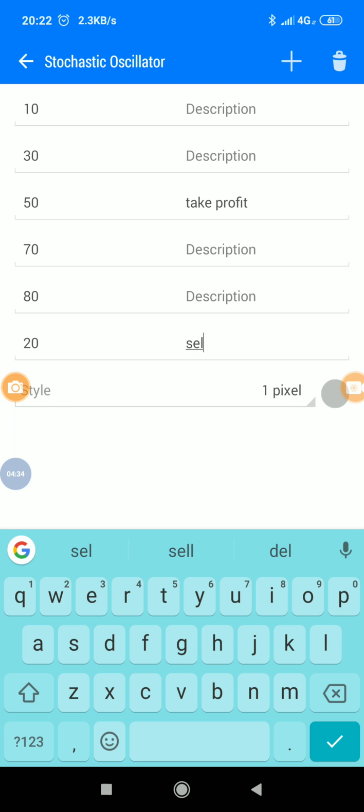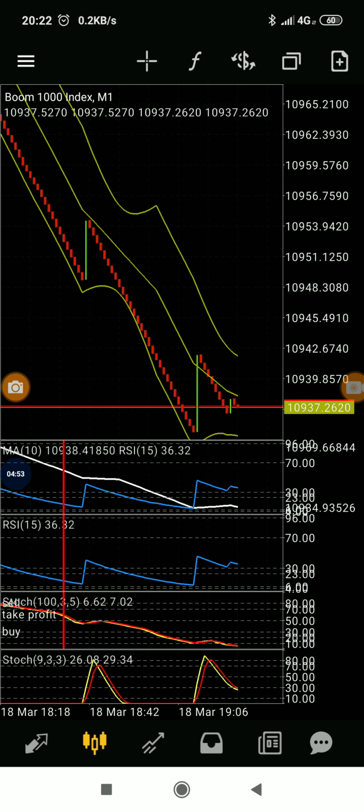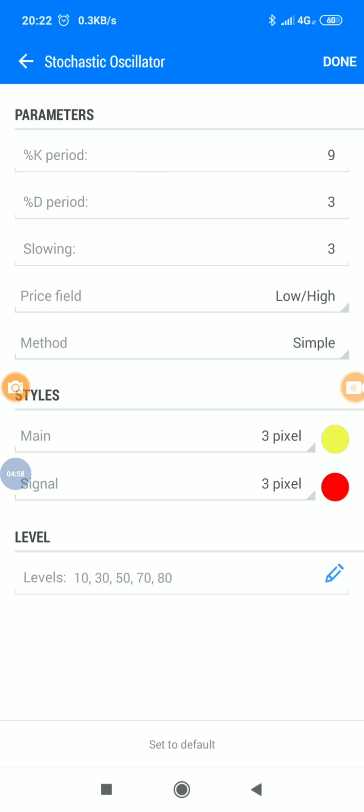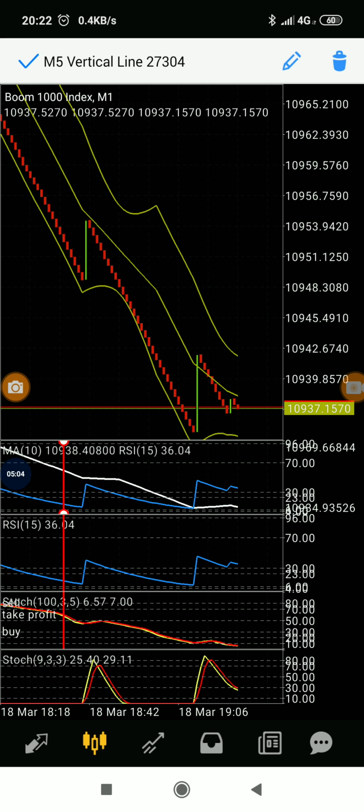Oh, sorry, buy. Let me add 80, 70, 80, 70. Okay, I think this is good for now. The last indicator is stochastic 933. This is the setting of the indicators. You can see them.